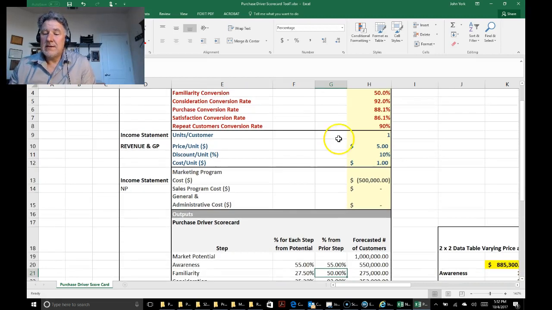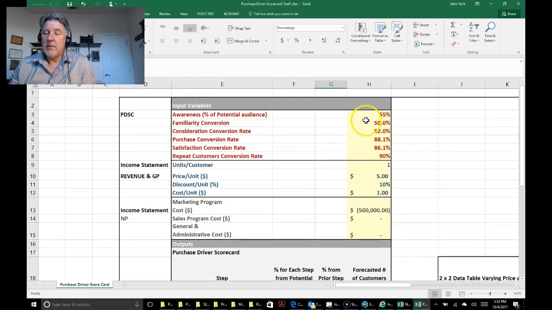So what's interesting as a marketing manager, you start looking at where is the drop off. And you could actually graph this data here, and you'll see that we have a drop off in awareness. So maybe an awareness program is something that you as a marketing manager could drive to improve funnel efficiency. Okay, as well as familiarity conversion, which may tie into support programs on your website, or through your social media, or through an outbound program like perhaps a MailChimp program if somebody has done a sign up.